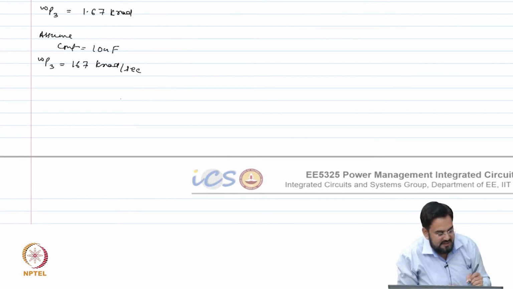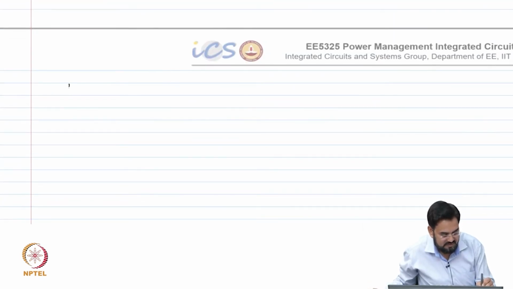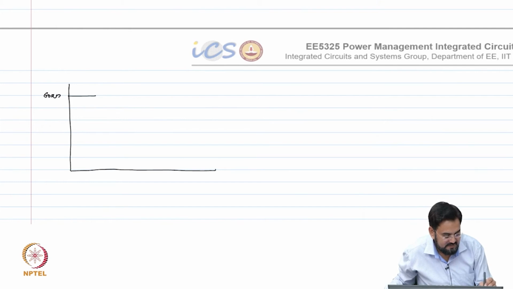So, for this particular case, let us first draw the plot. Let us say 60 dB is your gain.